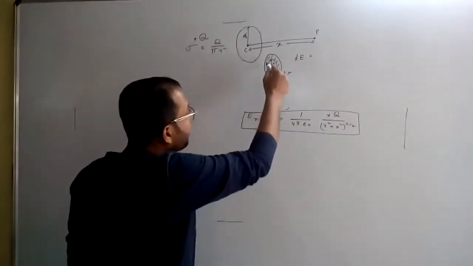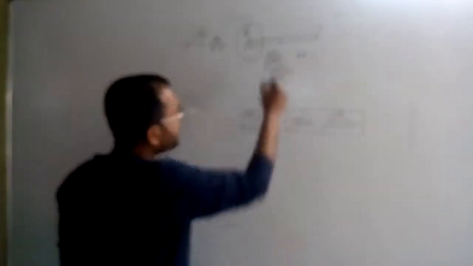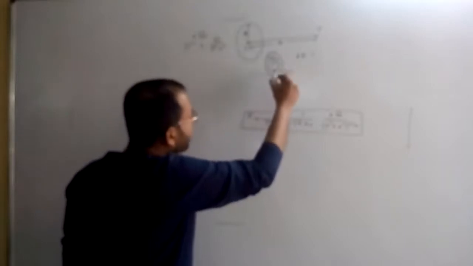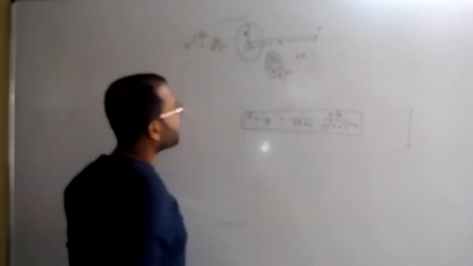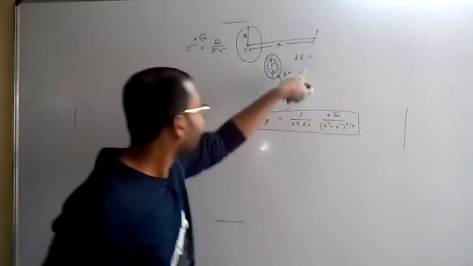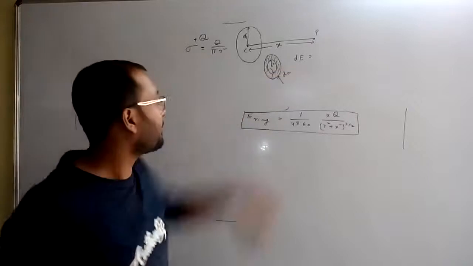That charge resides in this infinitesimally small thickness. Because the thickness is very small and the charge this ring carries is spread over this thickness, the charge that it carries is very small, and therefore the electric field this infinitesimally thin ring will create will also be very small.